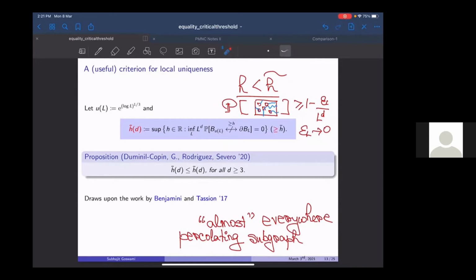If you start with an almost everywhere percolating subgraph like that and increase your density parameter a tiny bit, you put a very slight percolation on top, like epsilon. This is called epsilon sprinkling.